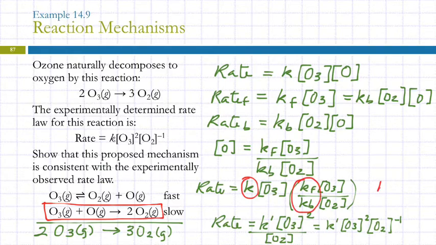So that's K times K forward divided by K back. And that's a mess, so I'm going to give it a new name. I'm going to call it K prime. So I just pulled all the K's out. Okay. So then we have O3 times itself, so that's where we get this exponent of 2. So that's squared, and it's divided by this. The way this one's expressed, we use a negative exponent to indicate that it's divided by that.